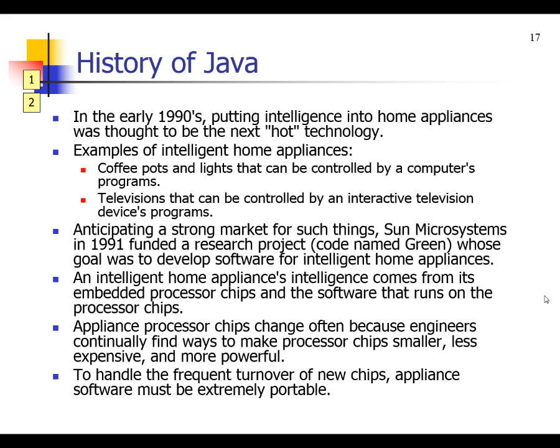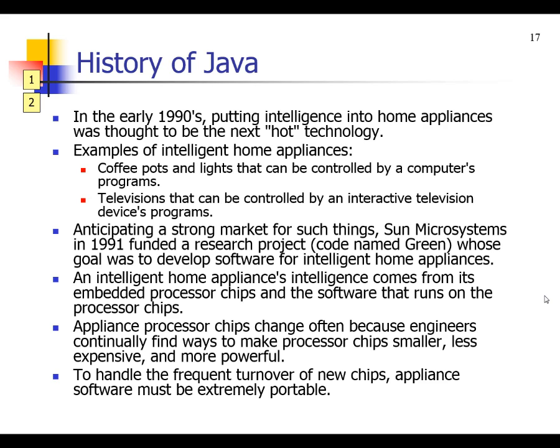In the 1990s, people started putting technology into what? In the 90s, people started putting technology into home appliances. Yes, Matthew? I was going to say home appliances, refrigerators, etc. Mm-hmm. And they wanted to call it a hot technology. Why?